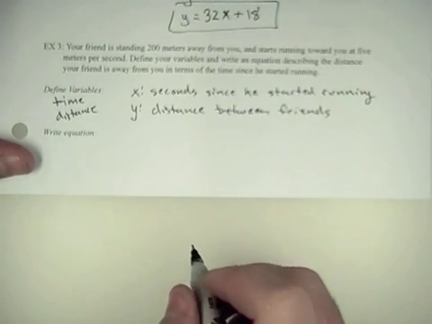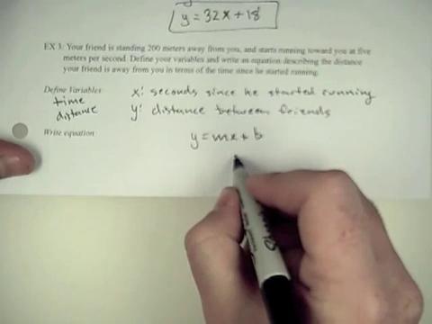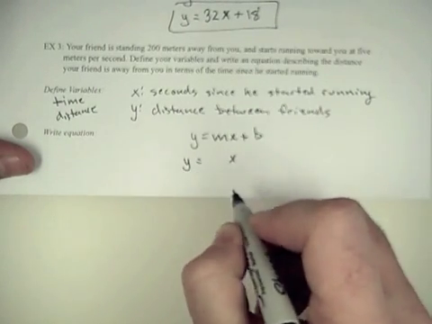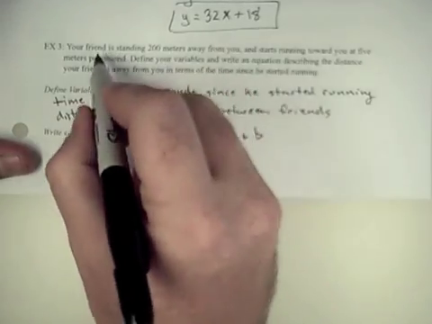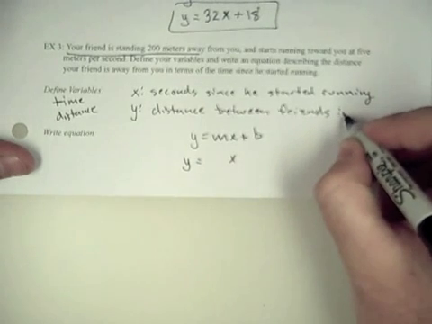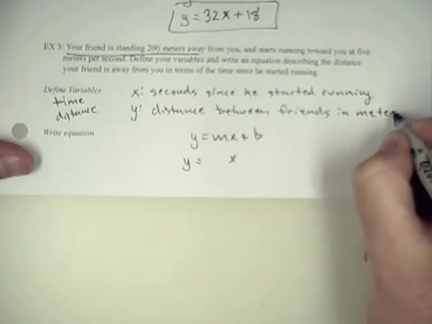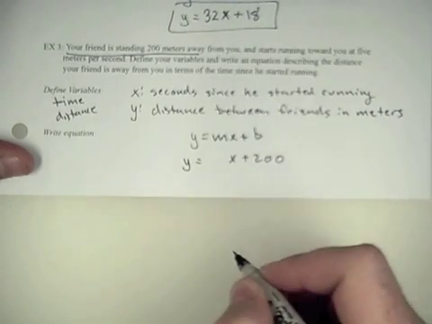Again, y equals mx plus b. We always have an x, we always have a y. Our intercept, what is the starting value? Well, you start standing 200 meters away. Oh, in meters. Got to include that unit. So plus 200 meters away.